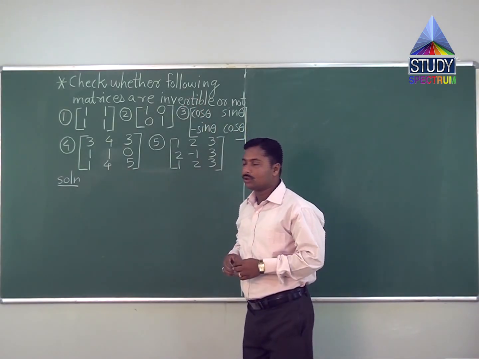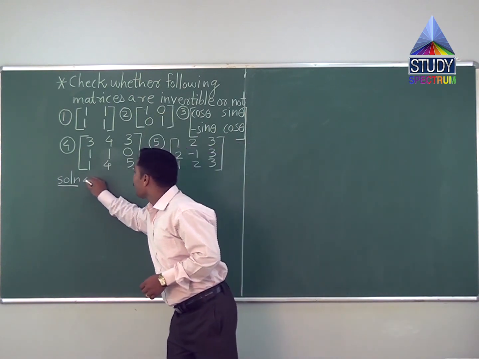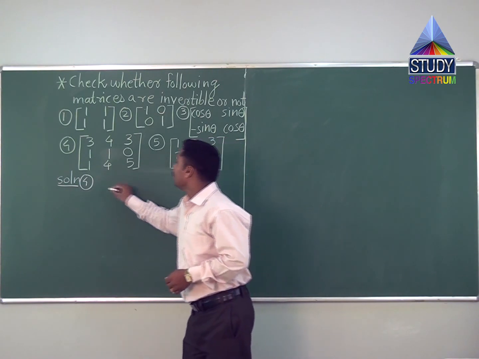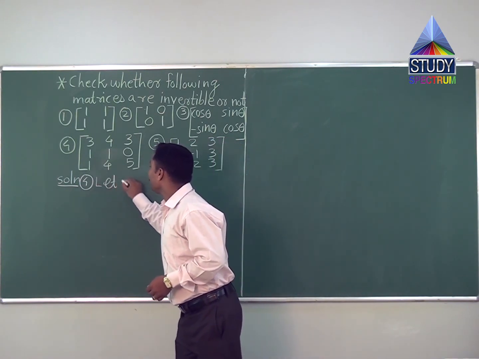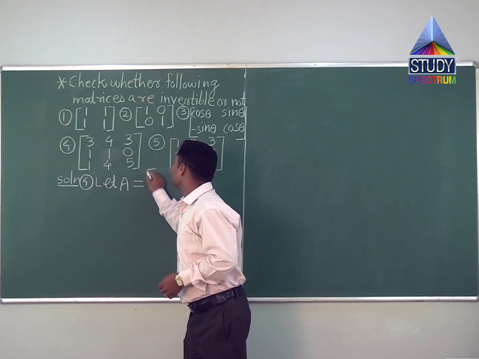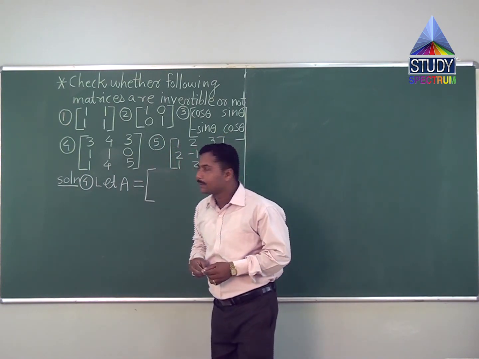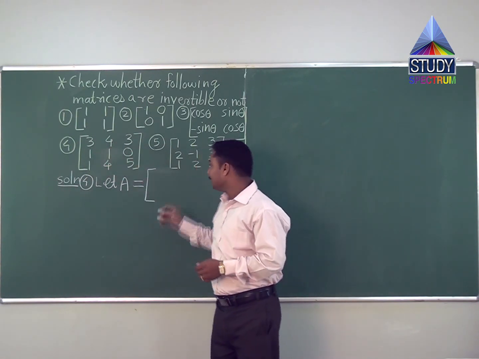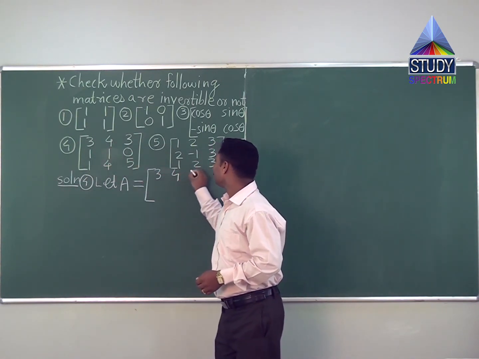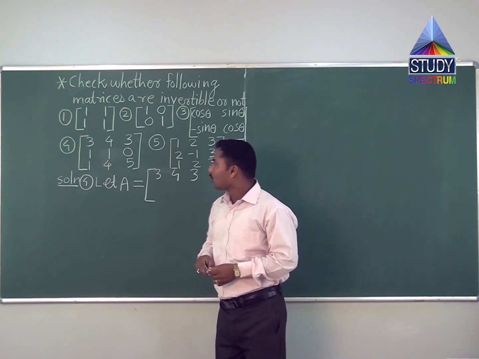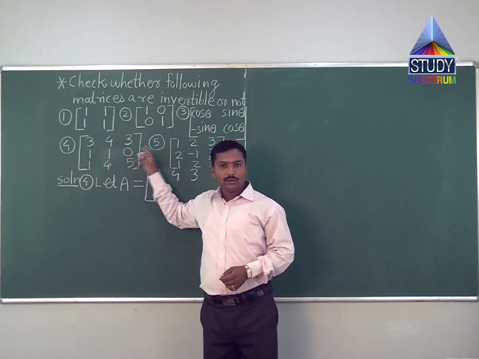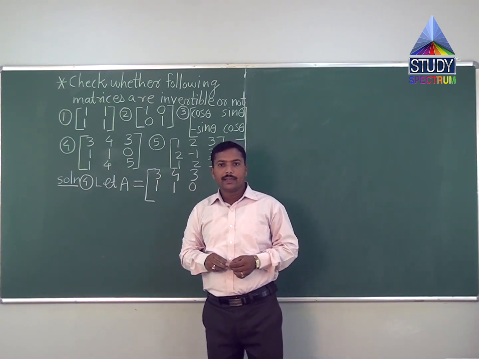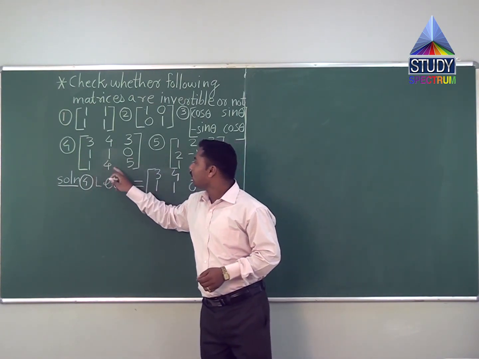Invertible or not. So we solve the next matrix. Let A equal to the given matrix. First row is 3 4 3, second row 1 1 0, and third row 1 4 5.